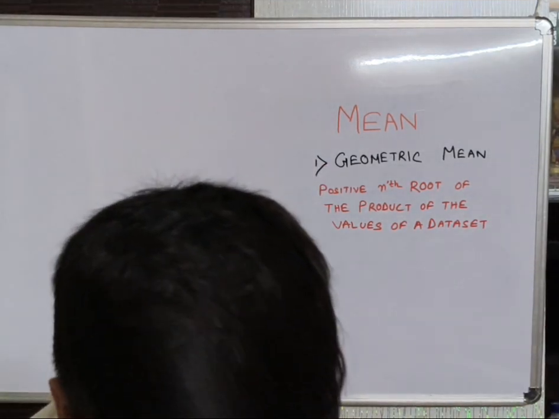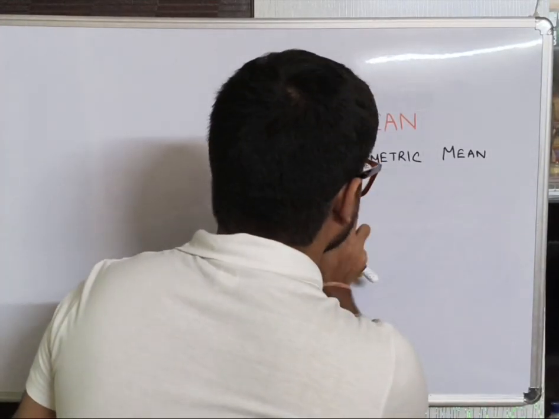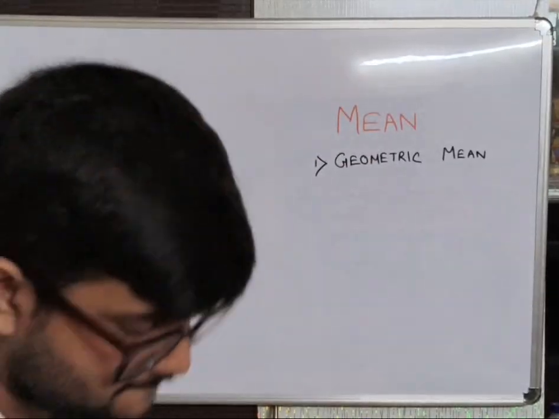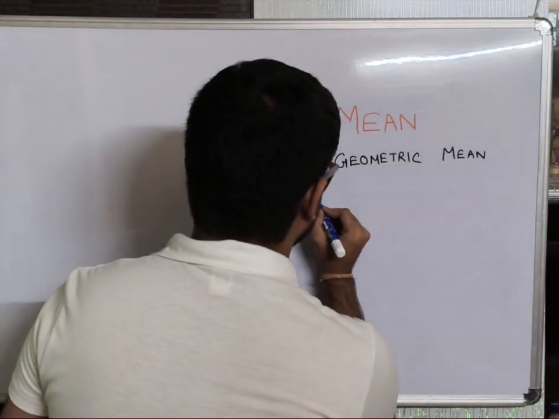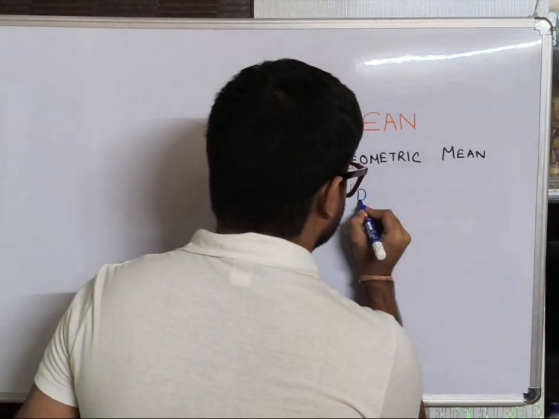Now we will understand it with an example. Say the data set has these values.